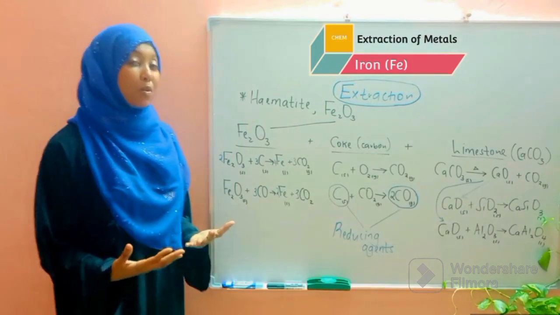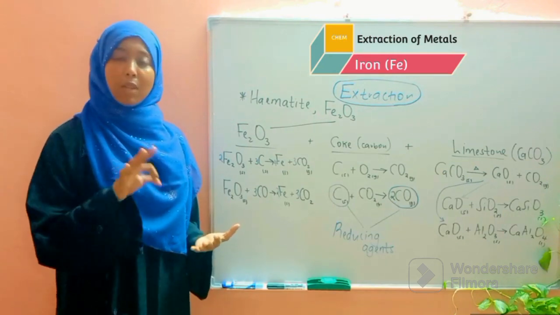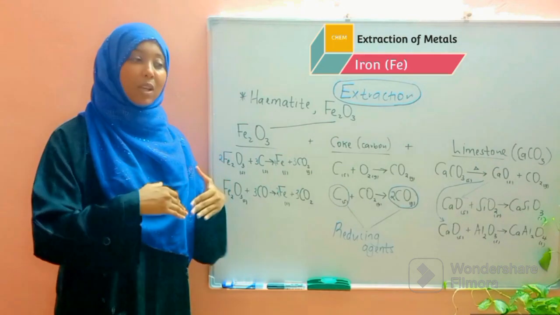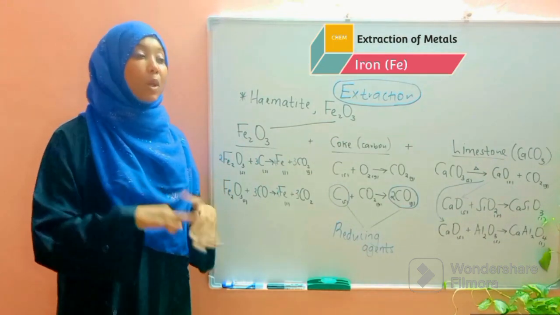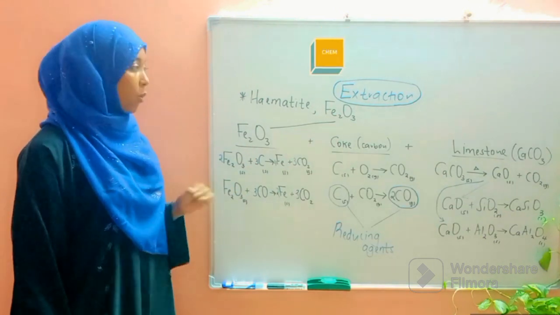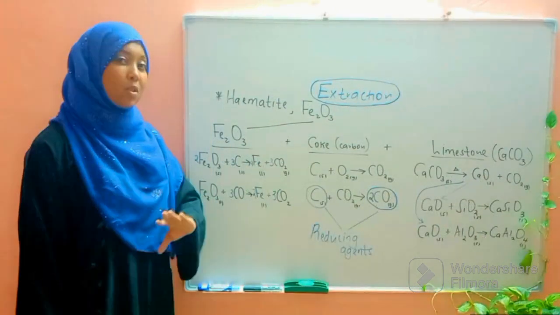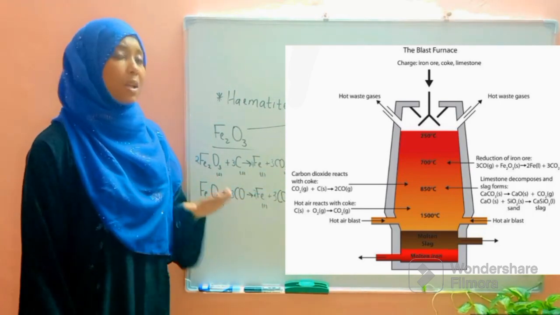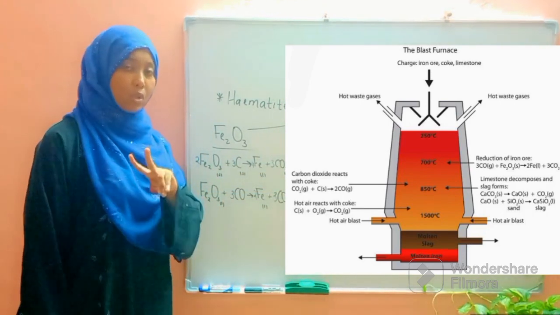Now for the next part of our lesson, actually for the last part of our lesson, I would like to go briefly through the furnace, and my focus will be on the different temperatures that are found within the furnace. So here we go. Now as you can see, on the lower parts of the furnace, we have the highest temperatures. And this is because of two reasons.